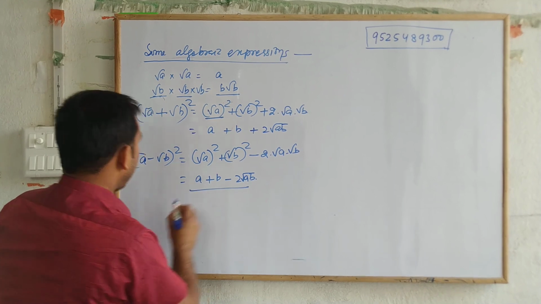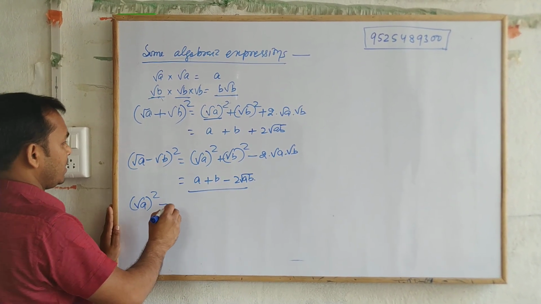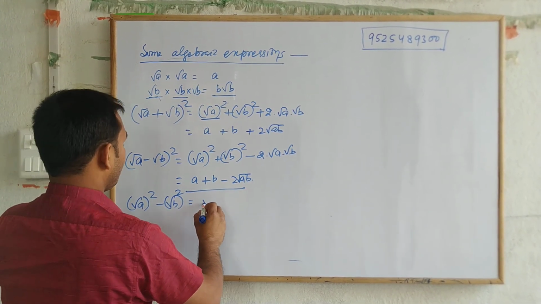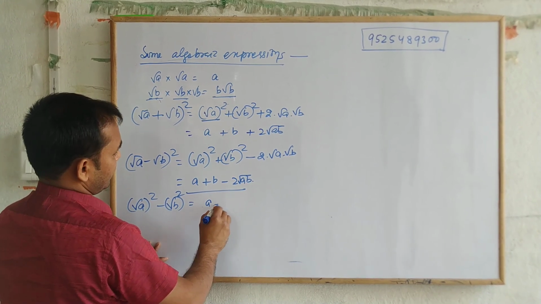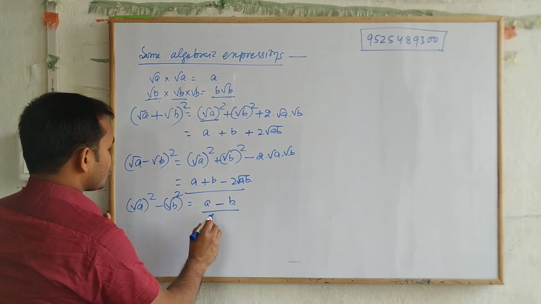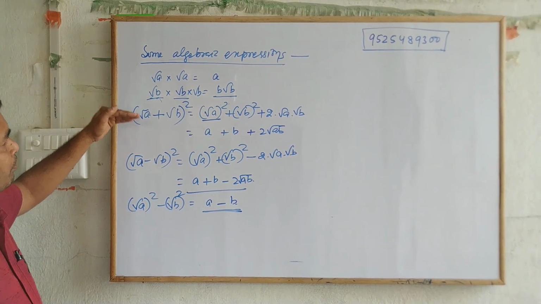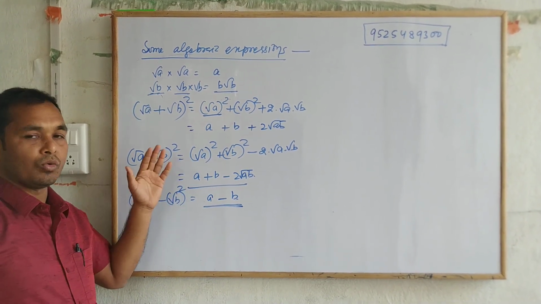And root A square minus root B square is equal to A minus B. These are some special, important algebraic expressions which are used in Unit 1.